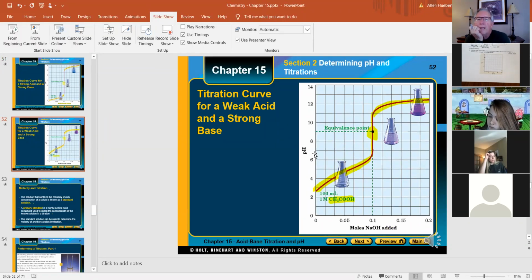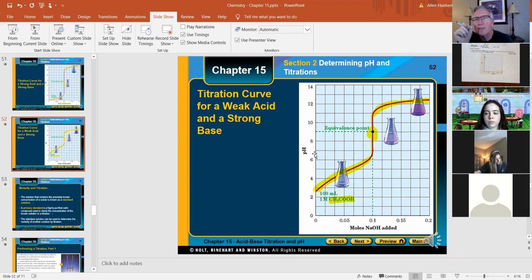Now here is a strong base, but a weak acid one. A way of looking at this one is to flip this thing top to bottom instead. So if I'm going to put a strong acid into a weak base, will it change the pH very fast or slowly? Start over.